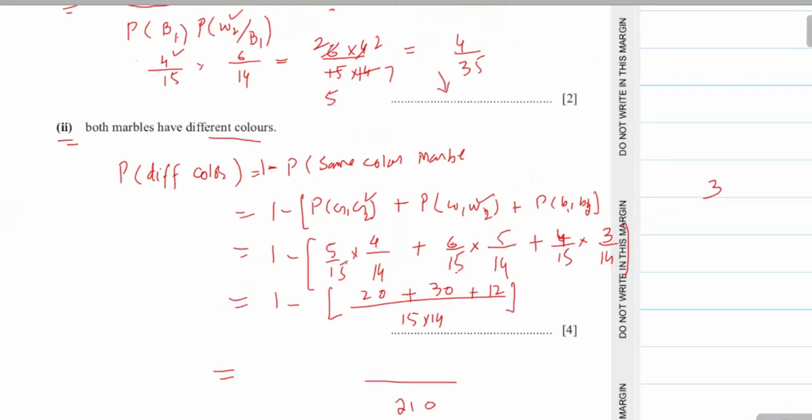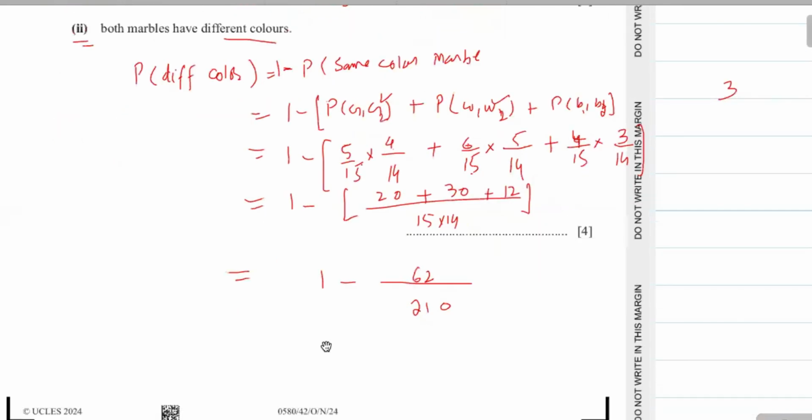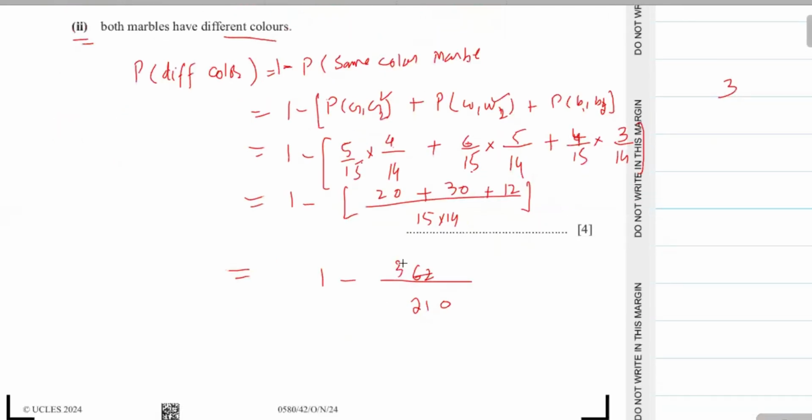This is equal to 20 plus 30 is 50 plus 12 is 62 over 210, and we can write this as 31 over 105. We divide this fraction by 2, and this is 1 minus 31 over 105, and this will be equal to 105 minus 31 over 105.